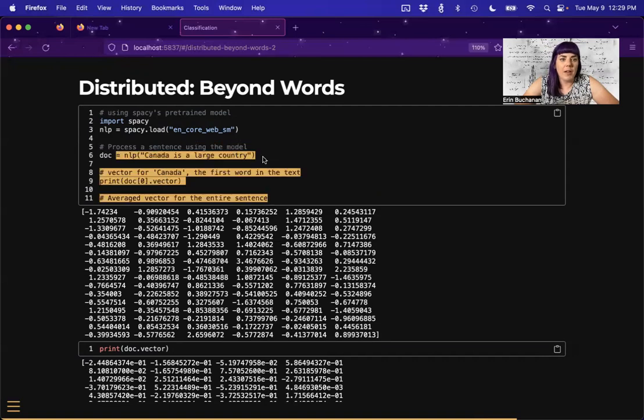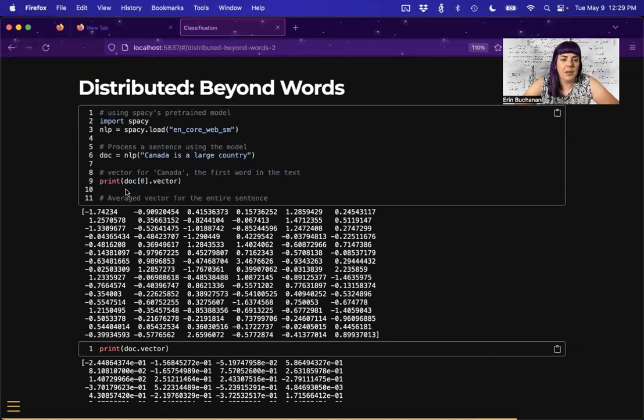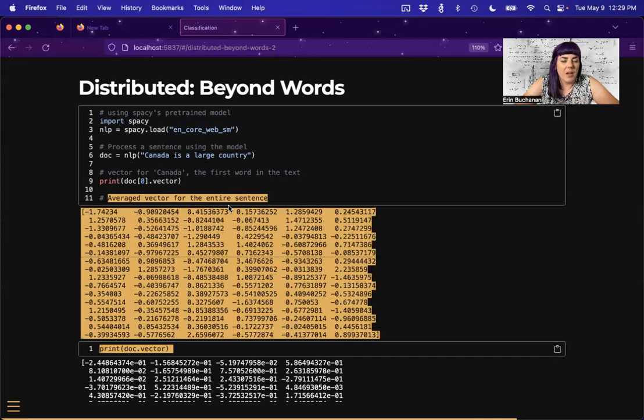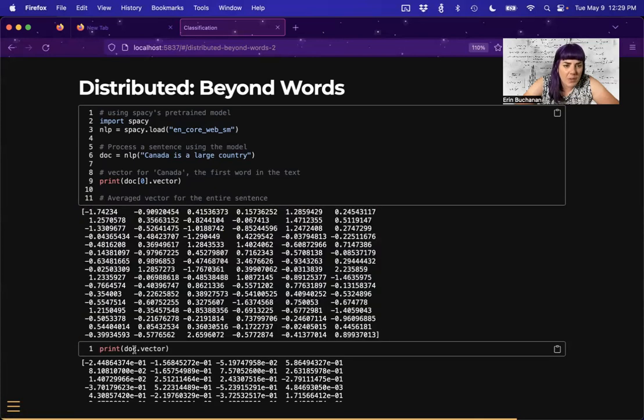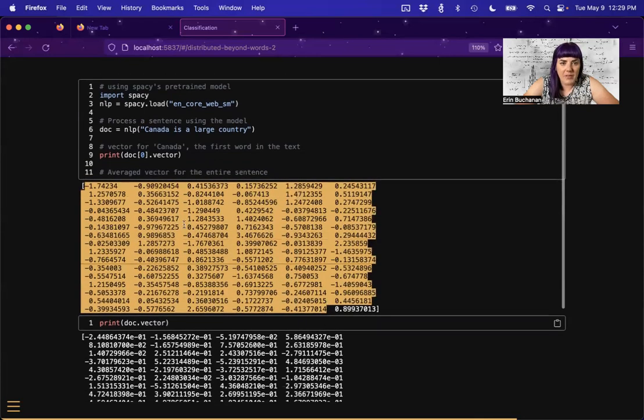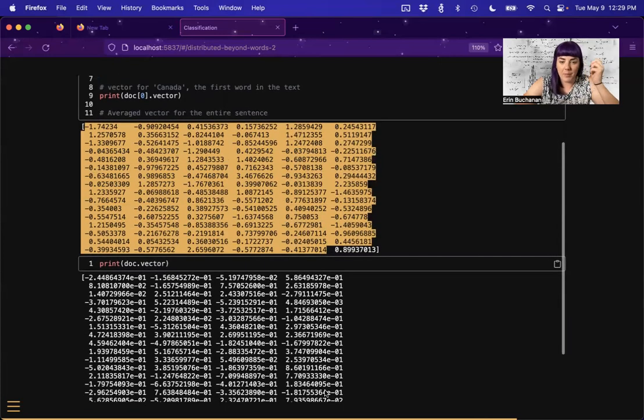But we can run our NLP on it, and then we can get a vector for each word. So for our document, grab its vector. This little quote here is for the next printout. So the vector for Canada is here, given the dimensionality. If I want the average vector for the entire sentence, this would be the document by dimensions window, for example.